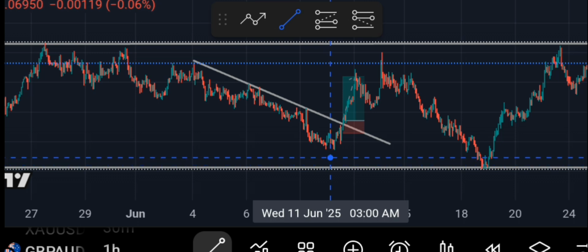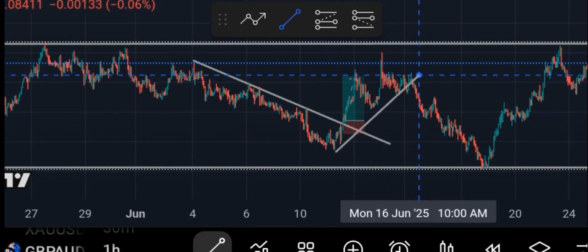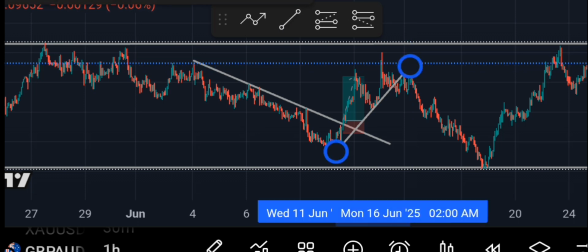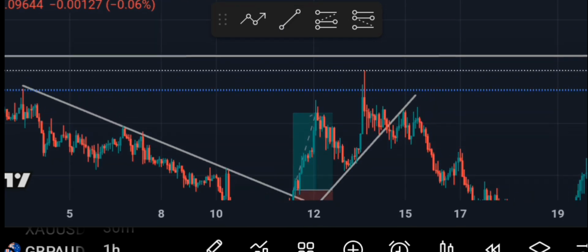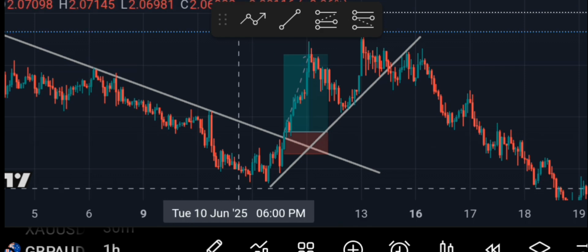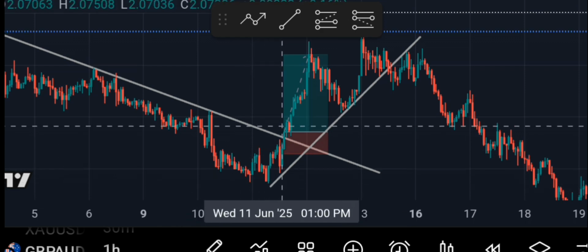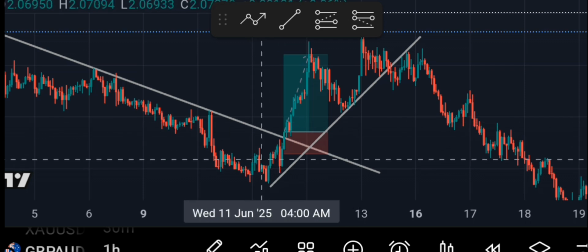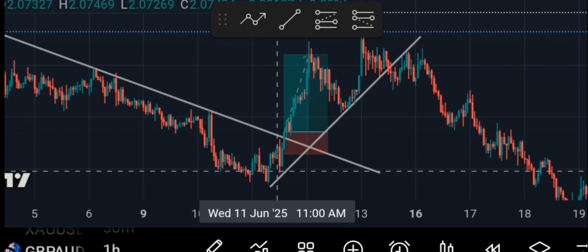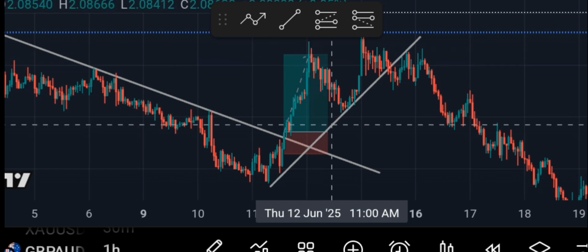So the same thing we are going to be looking at if we are in an uptrend market. So when the market is moving in a series of, let me show you something. When the market is moving in a series of lower lows and higher highs, which means the market has changed character. Now it creates a new higher low, then higher highs and higher lows.